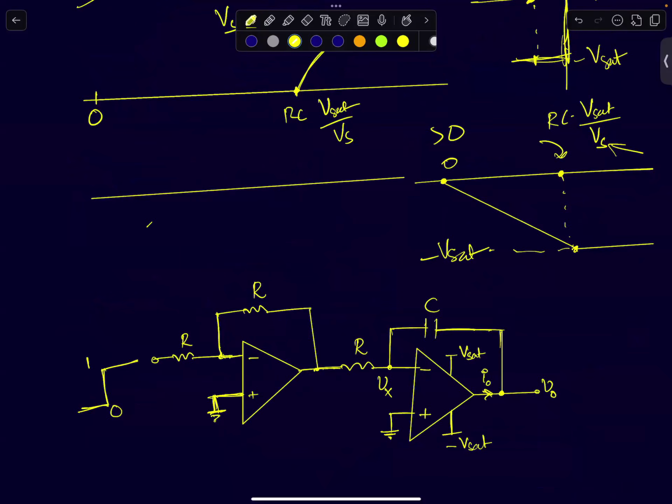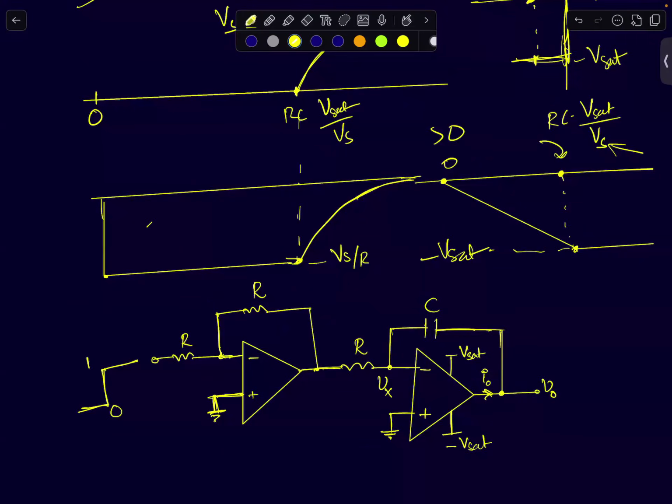The current will initially be Vi by R minus Vs by Rs until you reach this point. After that, it will discharge and eventually go to 0. So this is minus Vs by R. The current that the opamp's output is supplying will eventually go to 0.